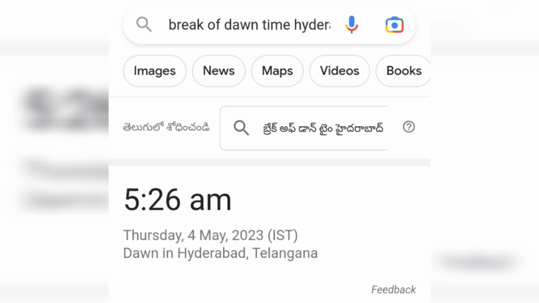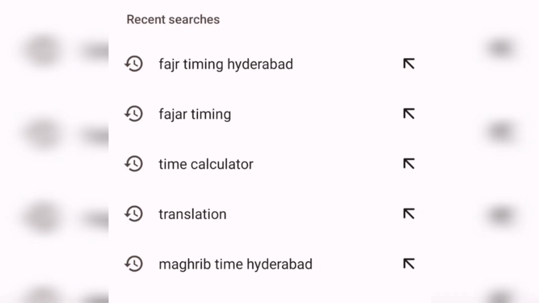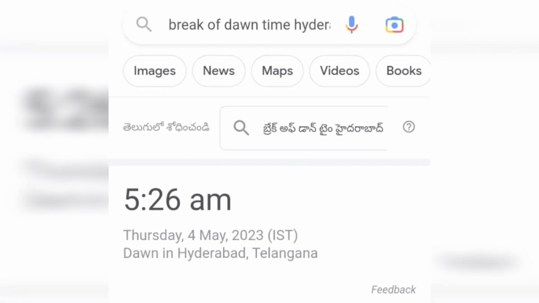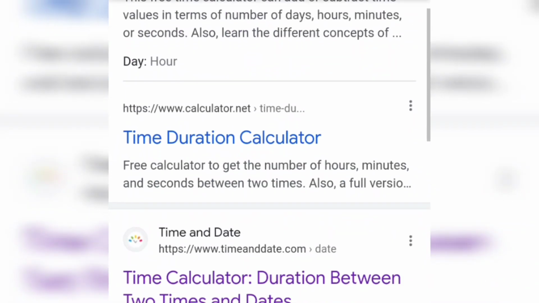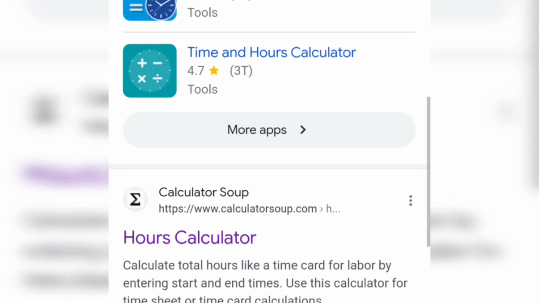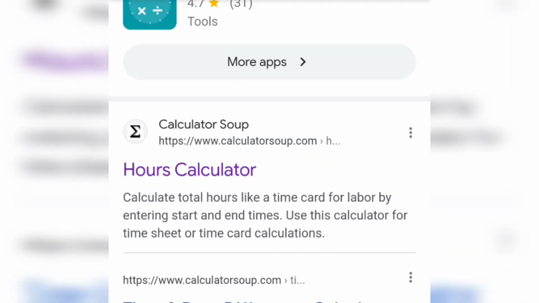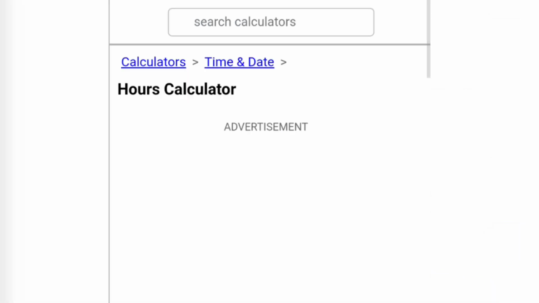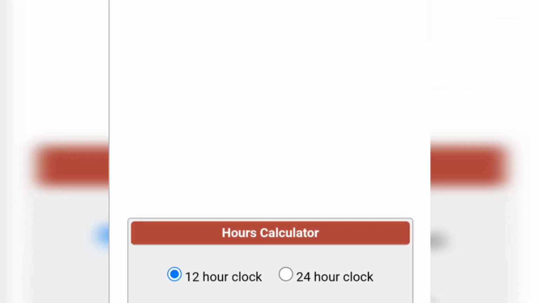Now I am going to go to the time calculation app to show and help you understand how many hours it takes between these two time slots. So I'll go to the time calculator, and this one is my preferred site. I just saw that this is better. We are going to go for a 12-hour clock.